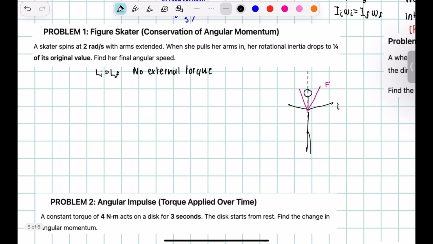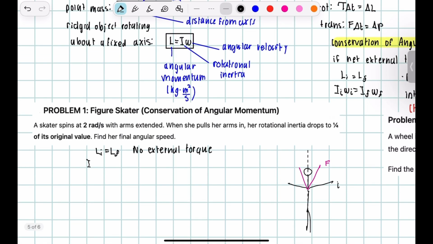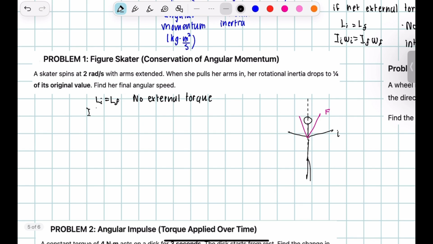So when her arms are out, she spins slower, and when her arms are in, her rotational inertia is 1/4 of that. So you can rewrite the L's with the formulas that we know for angular momentum: I initial omega initial equals I final omega final.